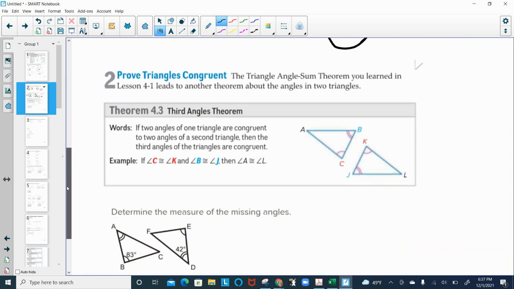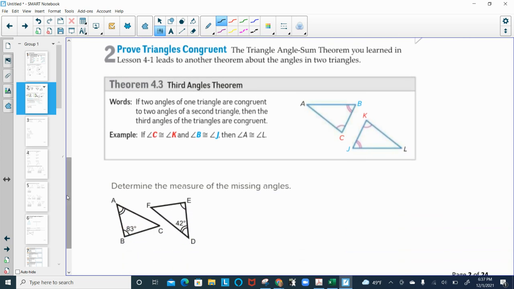Now, what we're going to do here very briefly is we're going to talk about the fact that if you know angle C and angle K are the same, and you know angle B and angle J are the same, that's this information.